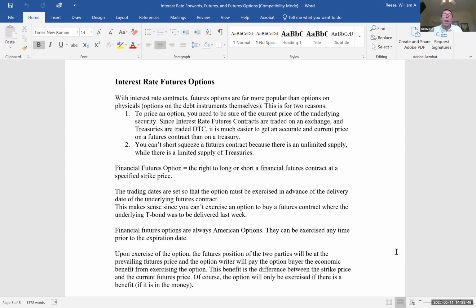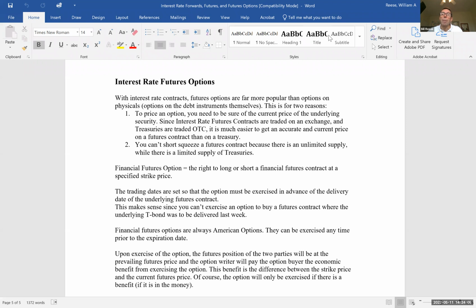Okay. So a financial futures option is the right to go long or to go short on a financial futures contract at a specified strike price. The trading dates are set so that the option must be exercised in advance of the delivery date.